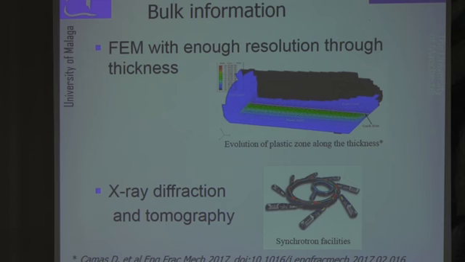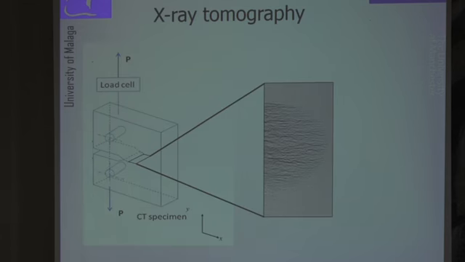And another one has also been discussed; Yannick Bouffier and some other colleagues talked about it. It is through X-ray diffraction or tomography, or even neutron diffraction as well. In this way, with X-ray tomography, we can get simple information such as the in situ evolution of the crack front as we grow the crack.